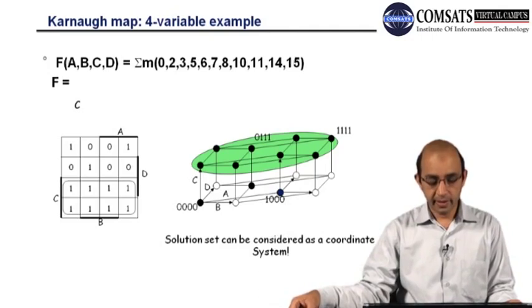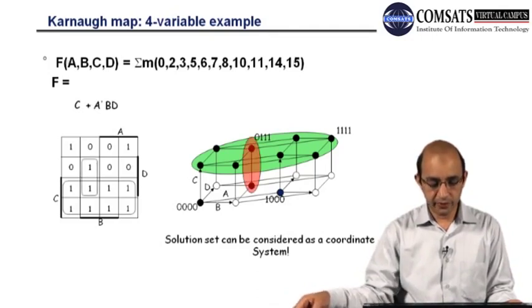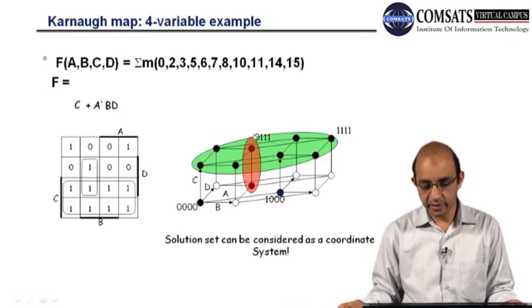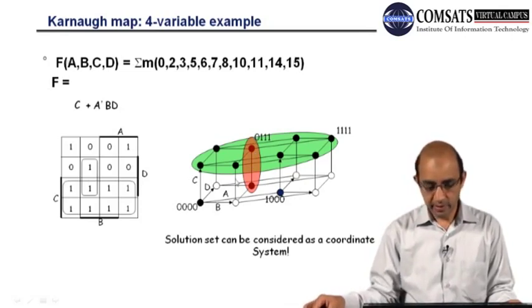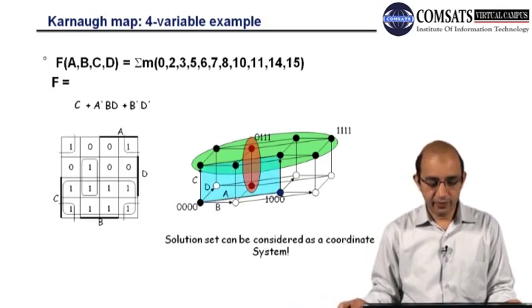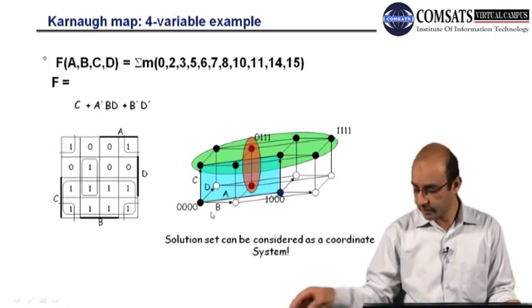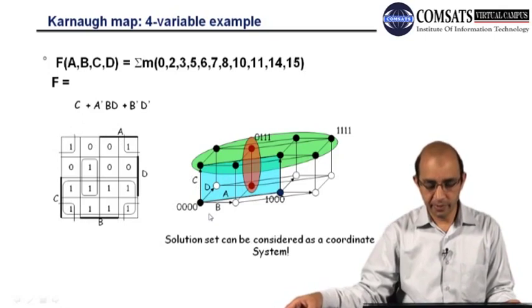And if you talk about this pair, then you can see that we have to join those two vertices. And if you have ones at all 4 corners of this square, or it looks like a rectangle, we will be having this physical interpretation or representation.